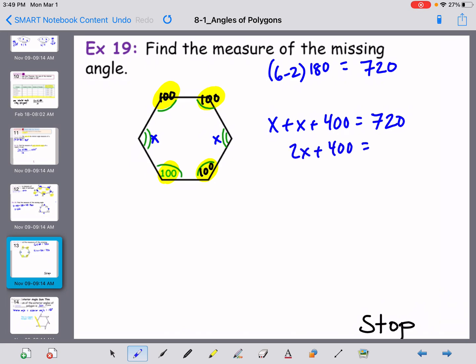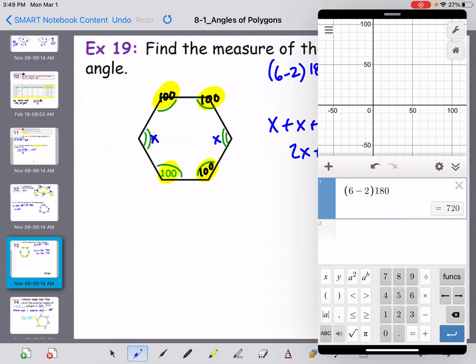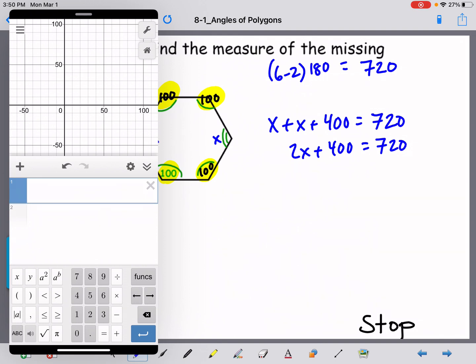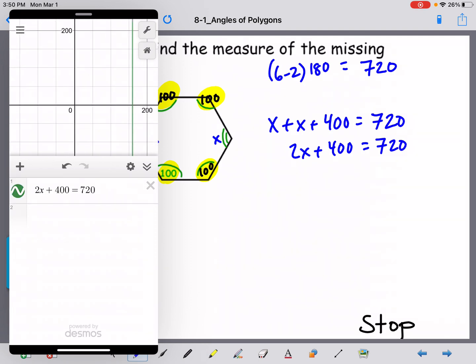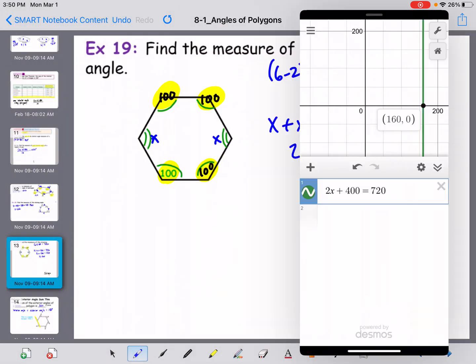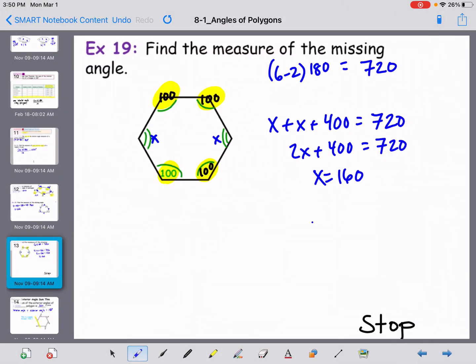I'm going to simplify this just a little bit before I type it in. 2x plus 400 equals 720. x equals 160. So those two angles are each 160 degrees. All right, that's where you're going to stop for today and go do your assignments.